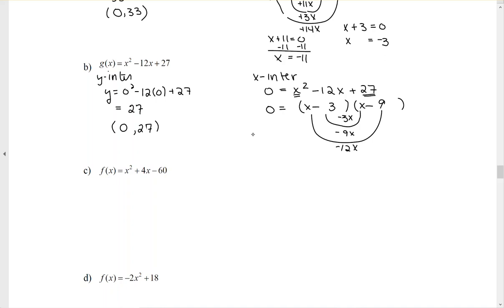Set each factor equal to 0 and then solve for x. So add 3 to both sides, we get x equals 3. And do the same on the other one here. x minus 9 equals 0, solve for x. Add 9 to both sides. So you have two x-intercepts, one at (9, 0), and the other one at (3, 0).